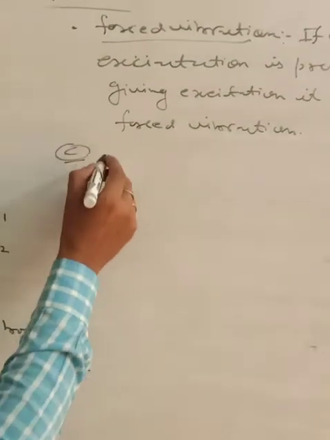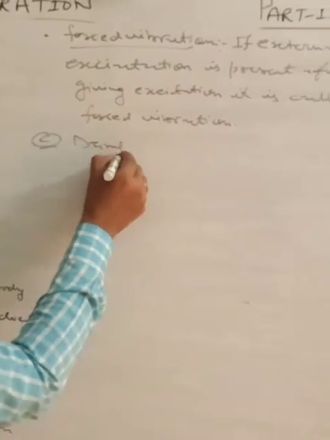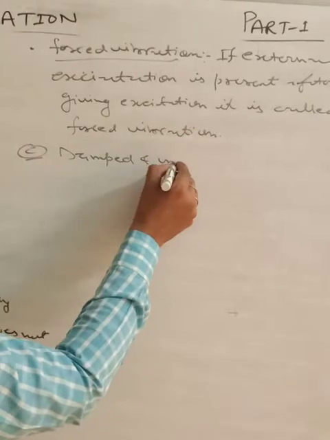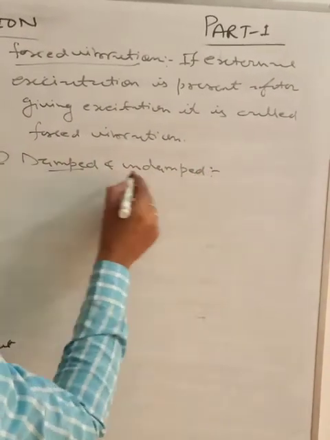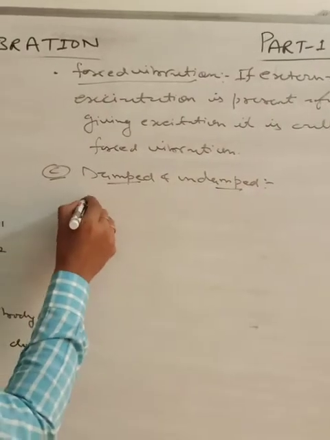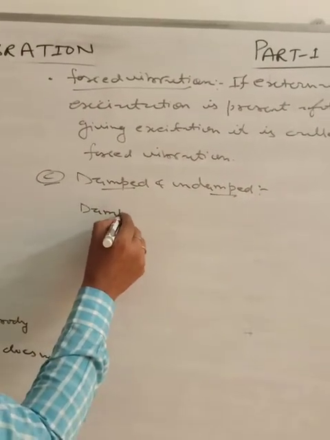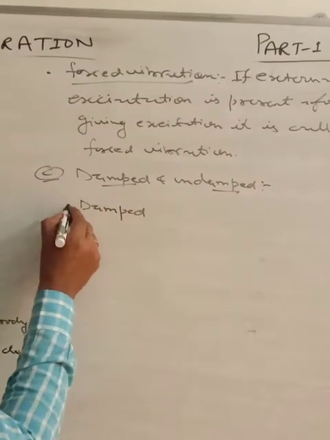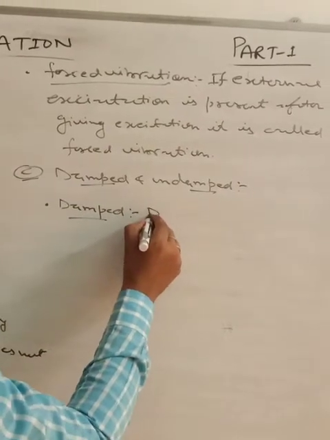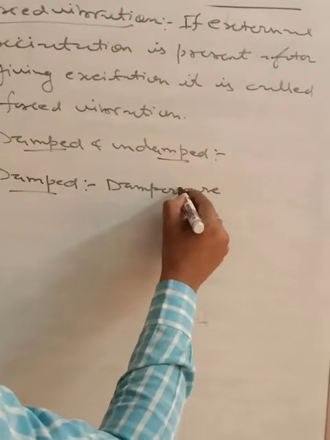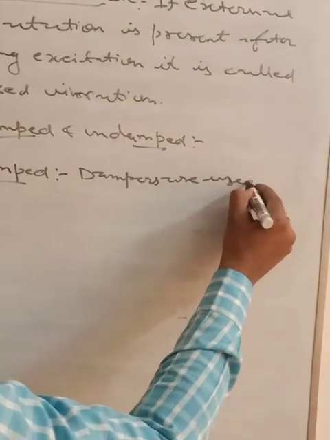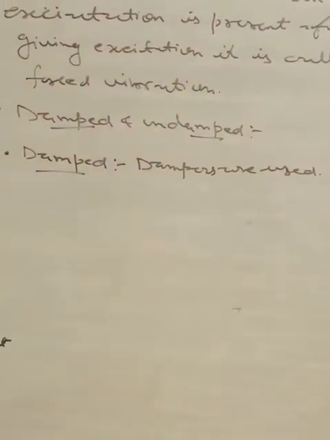The next classification is damped and undamped vibration. In damped vibration, dampers are used, and it is known as damped vibration.